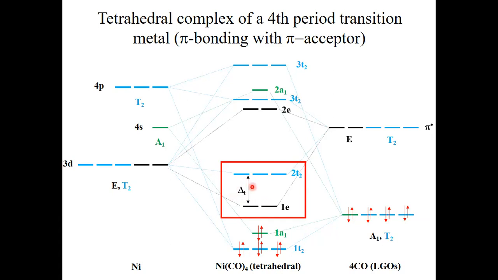Here, we only get a small increase of delta T. This can serve as another explanation of why it is possible to make high spin and low spin complexes for octahedral molecules, but not for tetrahedral molecules. For tetrahedral molecules, we only observe high spin, because delta T never becomes so large that the spin pairing energy can be overcome.